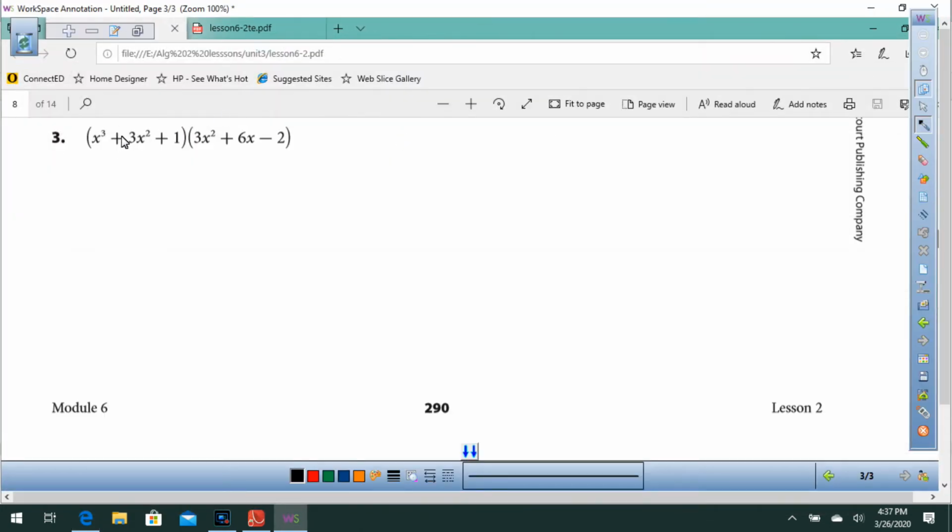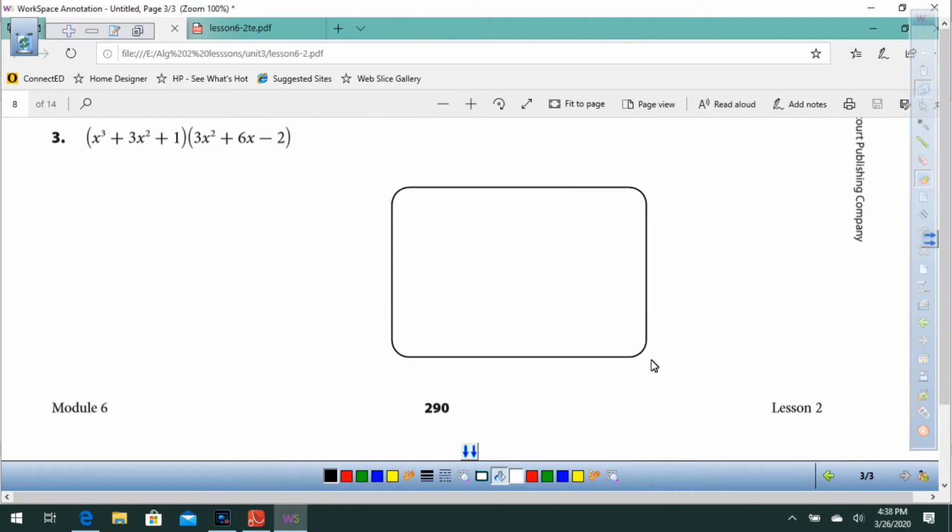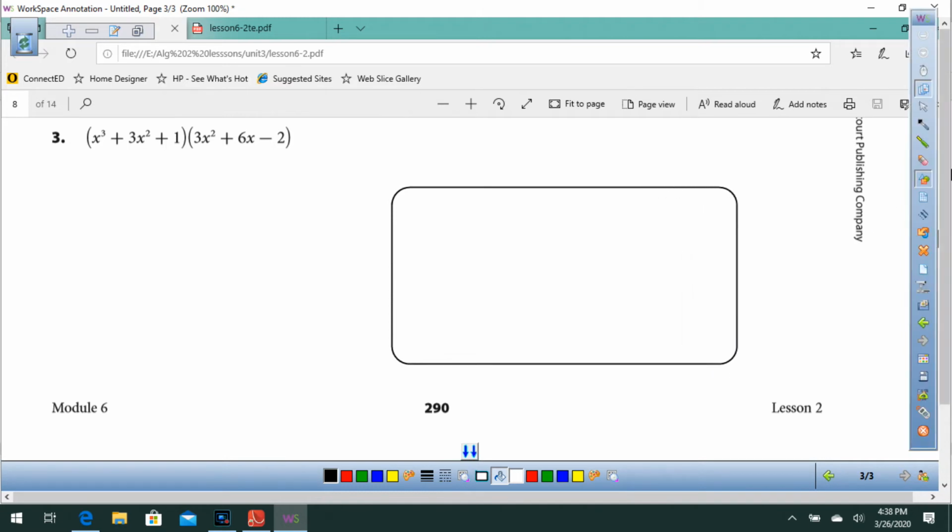The distributive method on this one is kind of complicated, so we'll just make us a box here.